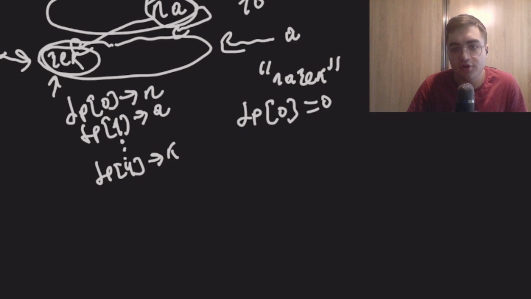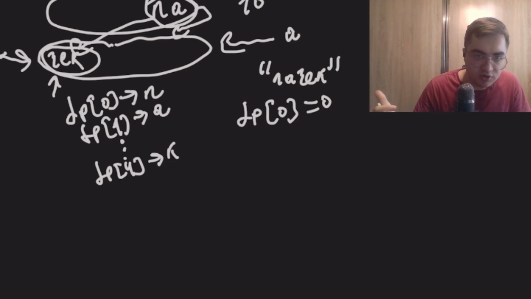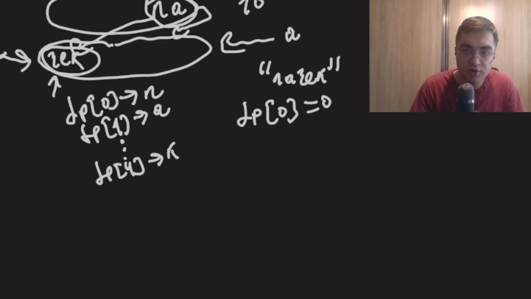Because the difference between scores currently is 0, and we can start by looking for the letter N. However, all other DPs, like dp1 to dp4, need to be some very big number, like let's say int max, because you cannot yet start by looking for A. Maybe if you start looking for N, you can end up in some place where you need to look for R. In that case, you can update the corresponding DP, but initially you can't update that because according to the rules, you gotta start looking for N.